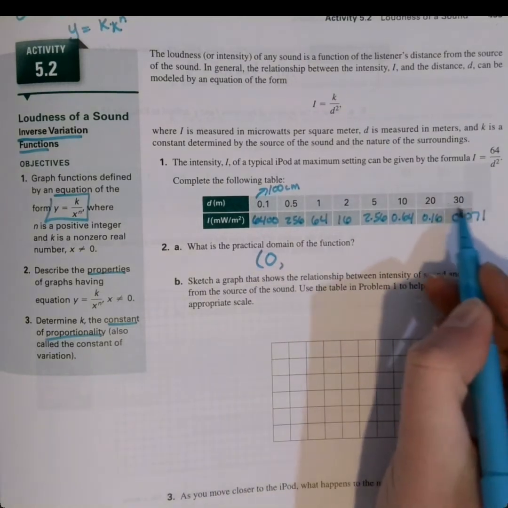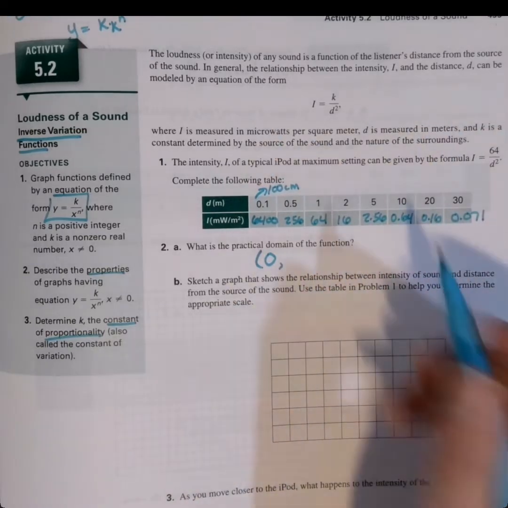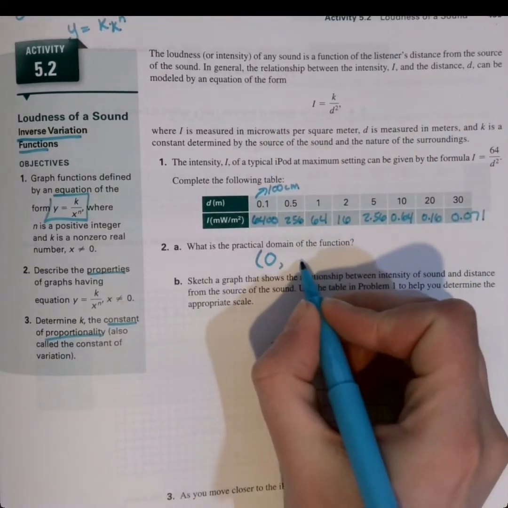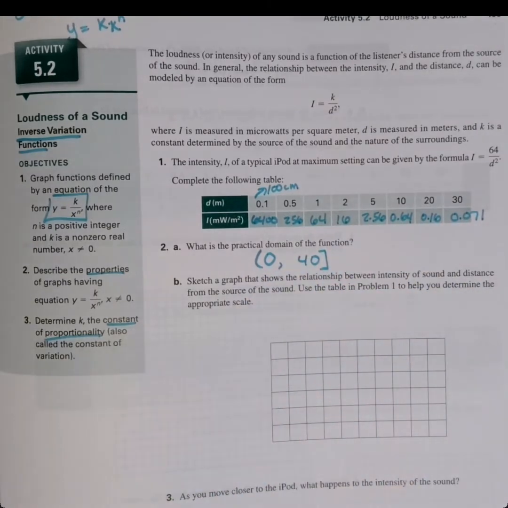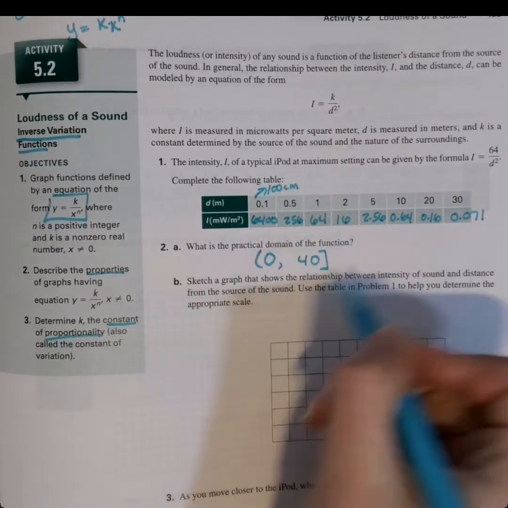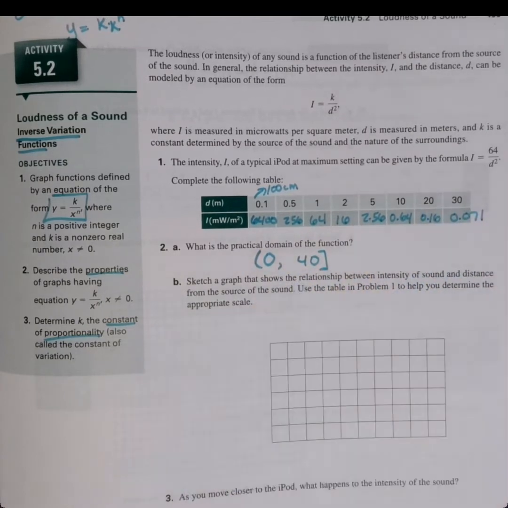But we plug 30 into our function, there's still some sound registering. Maybe we could go just a teeny bit further. Let's just guess that maybe we can go up to 40, say. But after that, it's probably just can't hear anything. So guessing that value based on the fact that this one right here is already quite small, it's going to get smaller and smaller the larger the value is. So we'll go a little past perhaps as a guess, but certainly not too far.